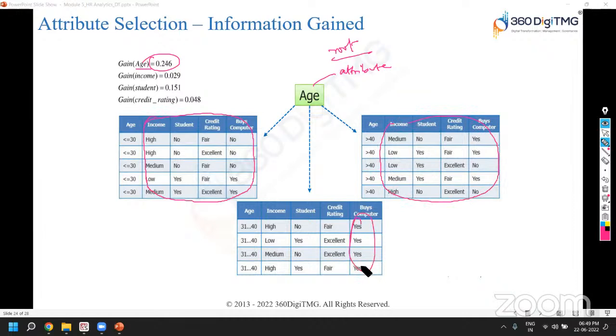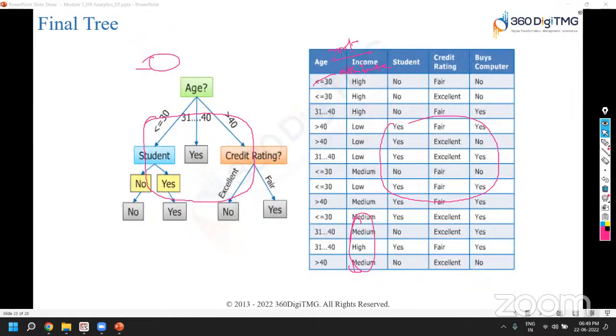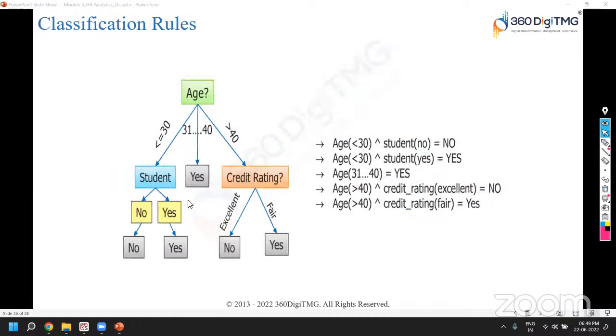This is anyways, decision is taken. No variation, so decision is taken. So this is your final tree. You will get 5 branches. So is the customer a student, age less than or equal to 30?